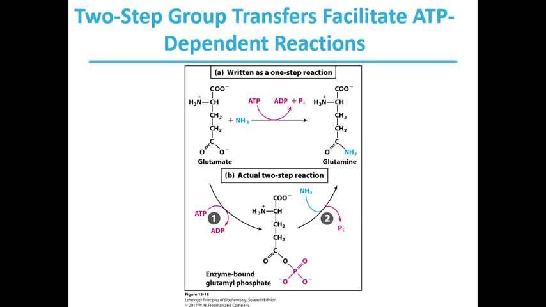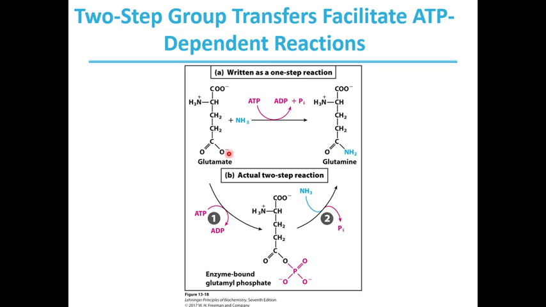The ATP hydrolysis reactions that we just saw are not just simple hydrolysis. What I meant to say is, in this case, ATP doesn't just get hydrolyzed by water to ADP and Pi. What actually happens is ATP is involved in group transfer reactions.